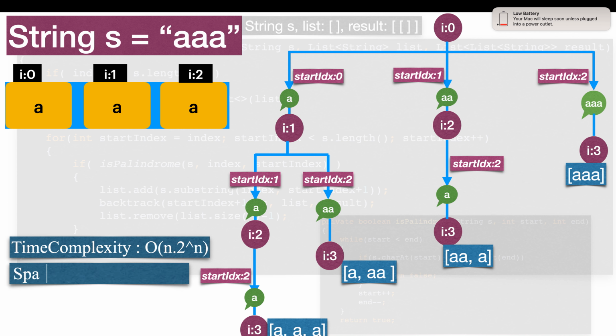And space complexity here, I'm only concerned about active stack frames, the number of stack frames that can be active at any point in time, which is equivalent to the given input length. So the space complexity will be big O of n.